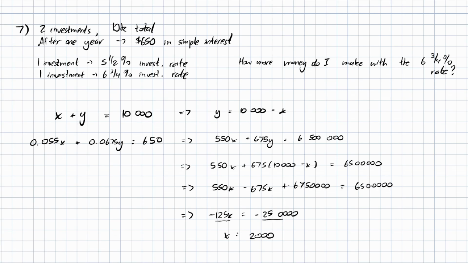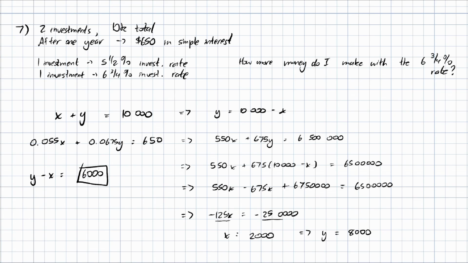Thank goodness. Right, so X is 2,000, which means Y is $8,000. That means Y minus X equals 6,000. And there you go.